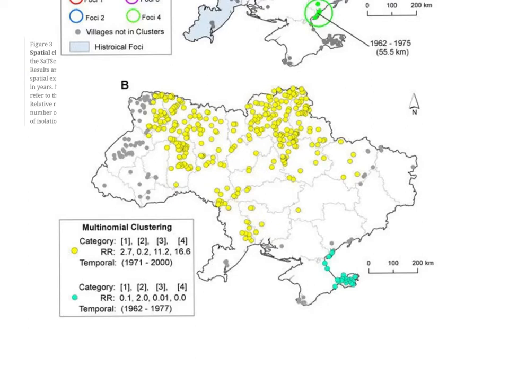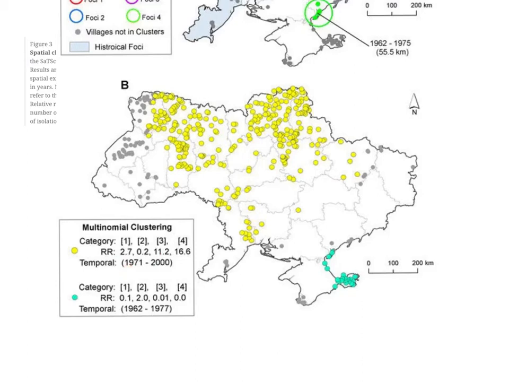Likewise, there's another way to perform spatial clustering inside of SaTScan, something called a multinomial cluster. And now what you can see happening is our legend becomes very important, not just for indicating what individual colors mean, but also information about the statistic that was performed.